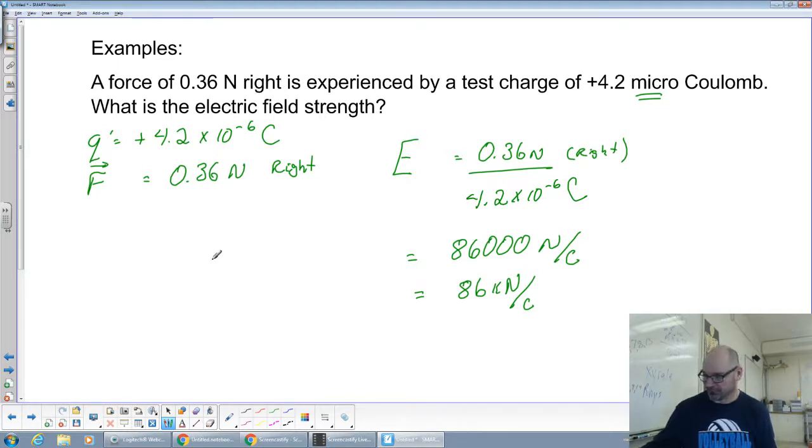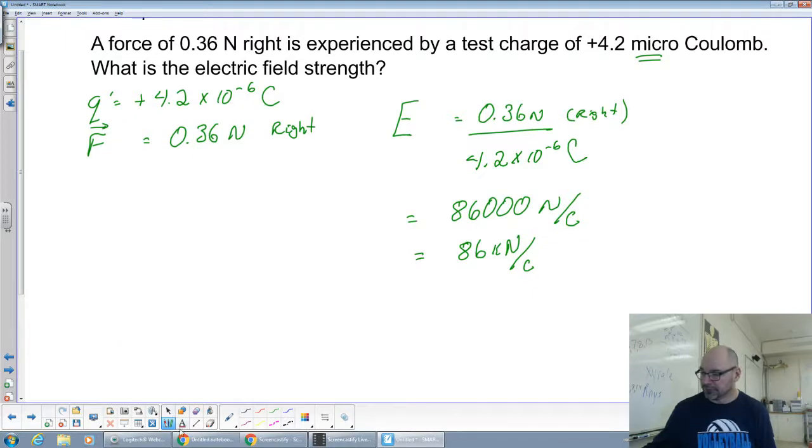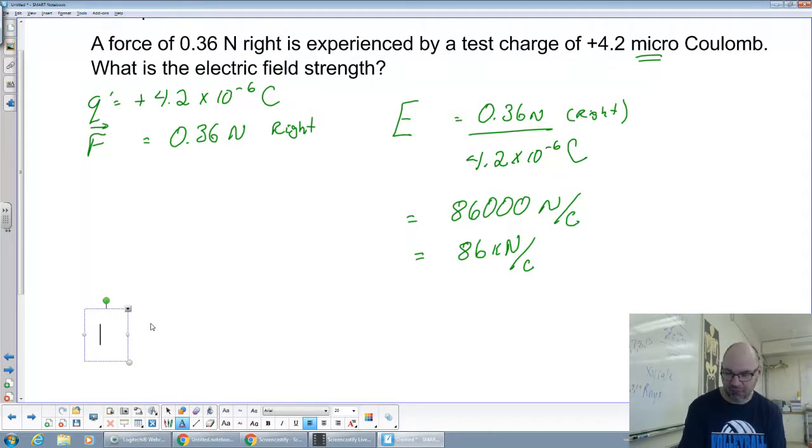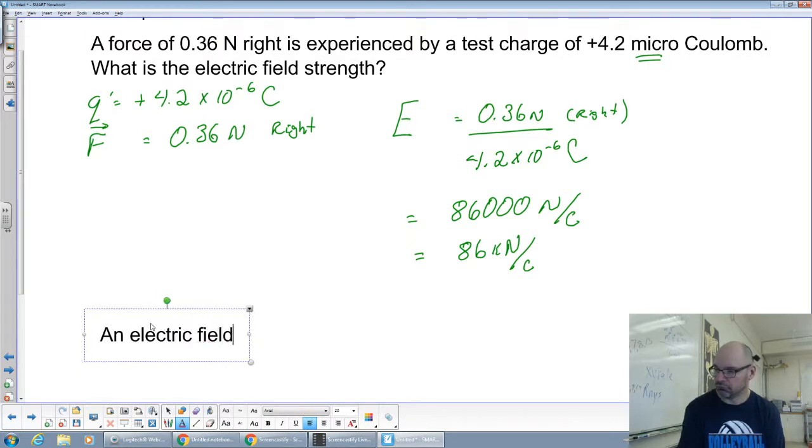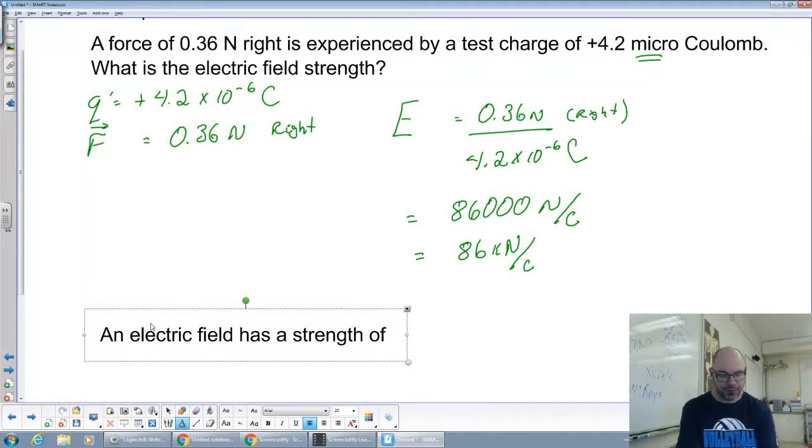So let's do one like that. Let's do the second one here. Let's say an electric field has a strength of, let's say, 12 kilonewtons per coulomb.